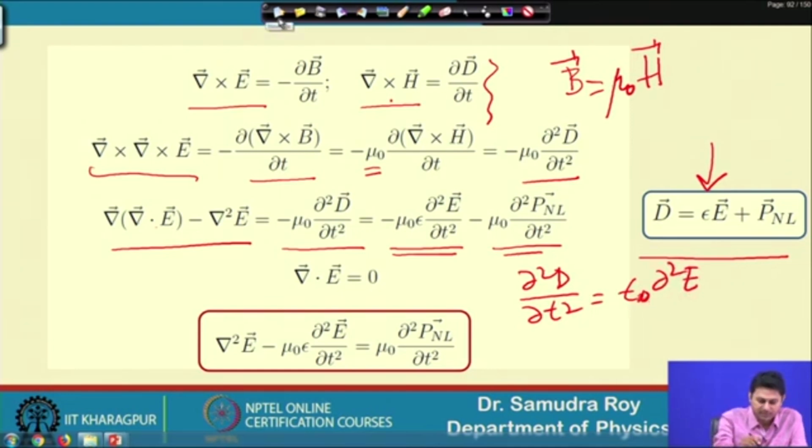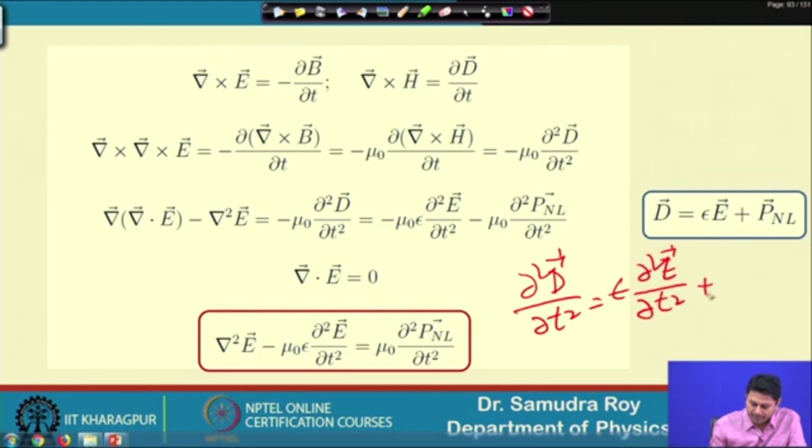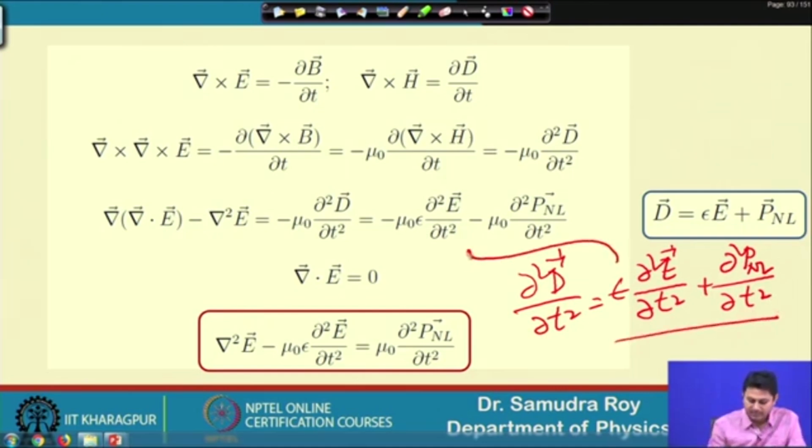Okay. So, let me clear it and do it once again. I am taking the double derivative of D. D is this, so the right hand side is simply the double derivative of E plus the double derivative of P nonlinear. So, if I use this, it will be simply this quantity.